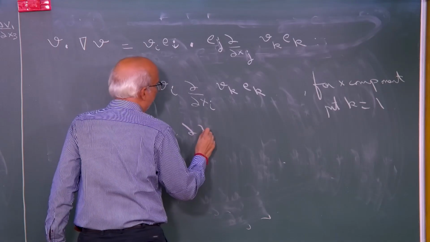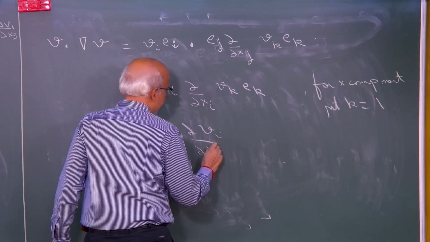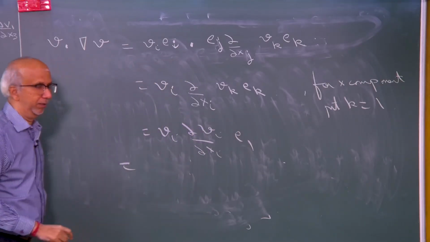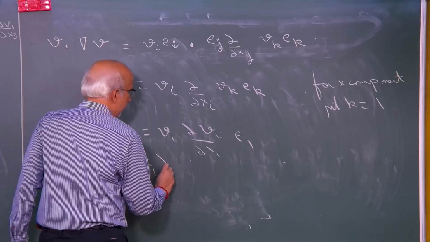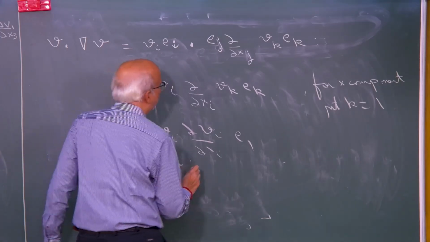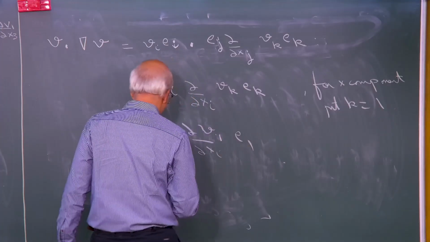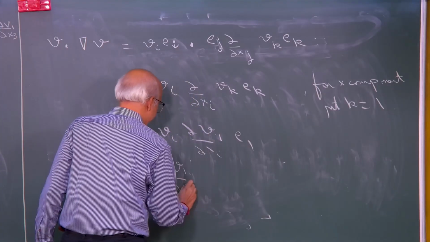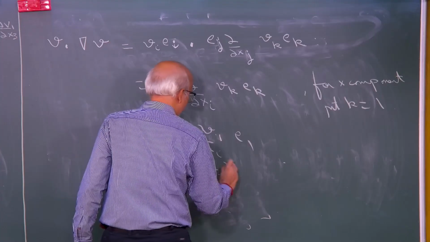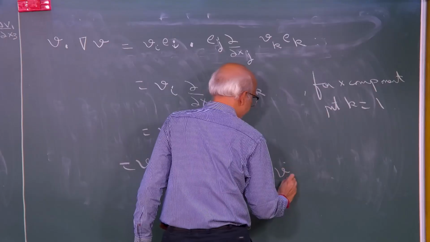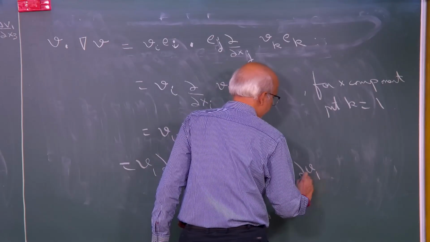Vi dvi by dxi E1, summing over i, which is V1 dv1 by dx1 plus V2 dv1 by dx2 plus V3 dv1 by dx3.